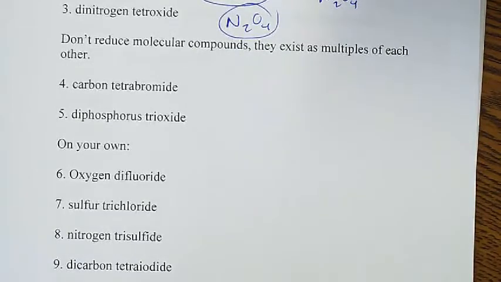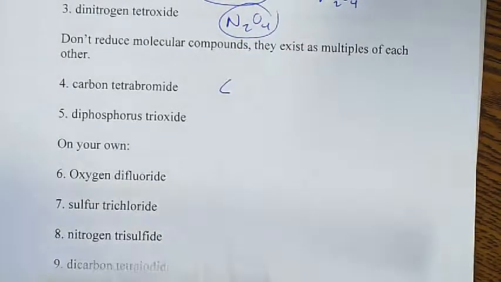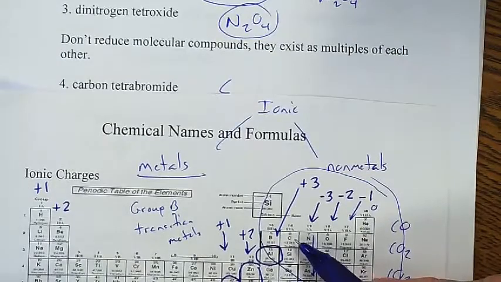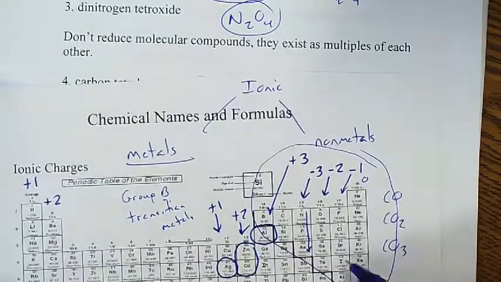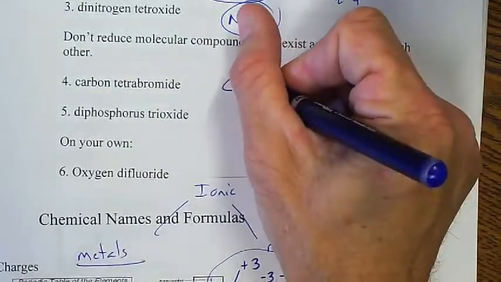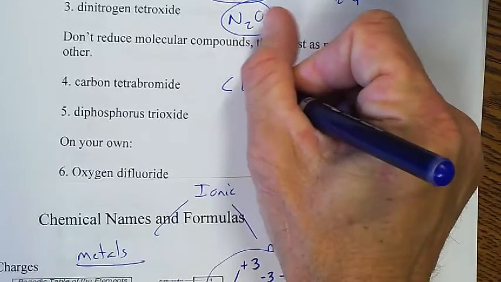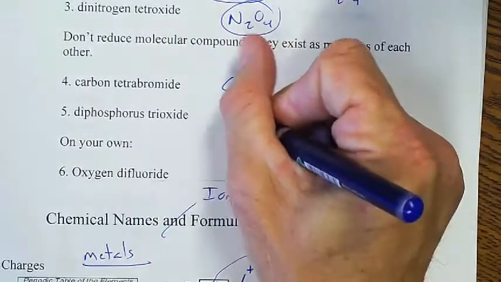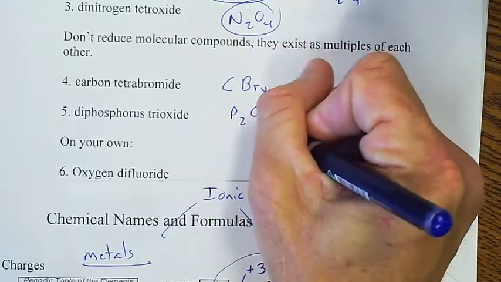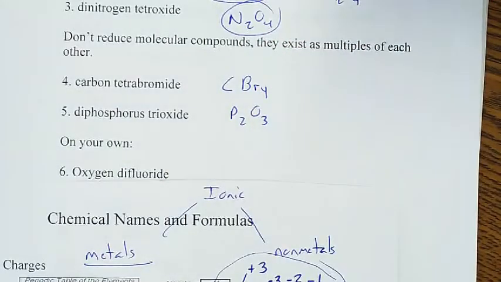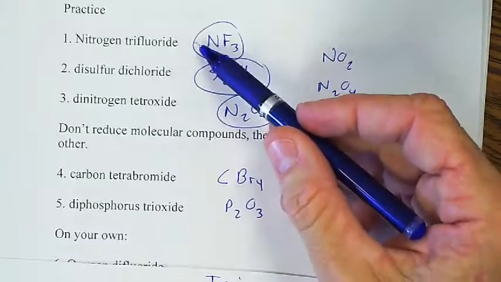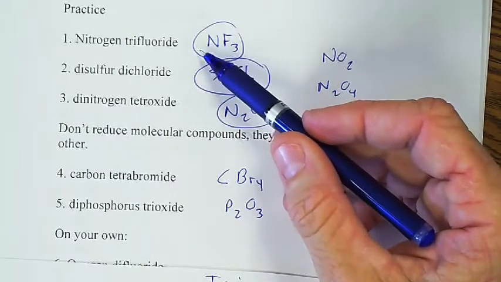Carbon tetrabromide: there's carbon, it is a nonmetal. Bromine's over here, and tetra means 4, so 1 carbon, 4 bromines. Diphosphorus trioxide. Now, when there's only one of the first element, you don't have to put mono in front of it.